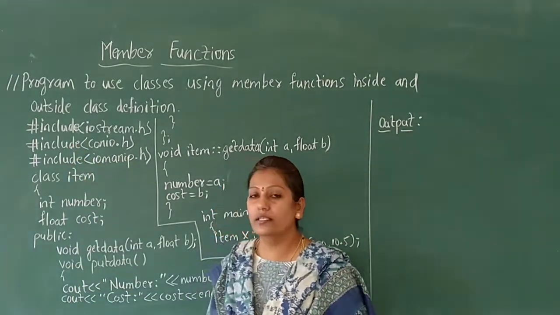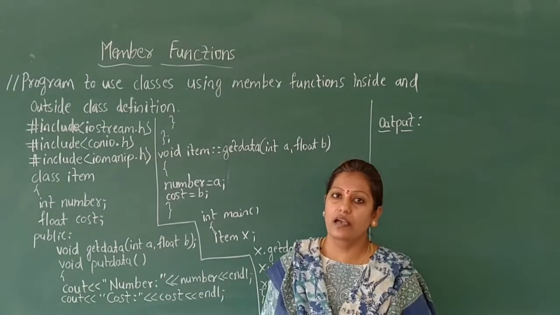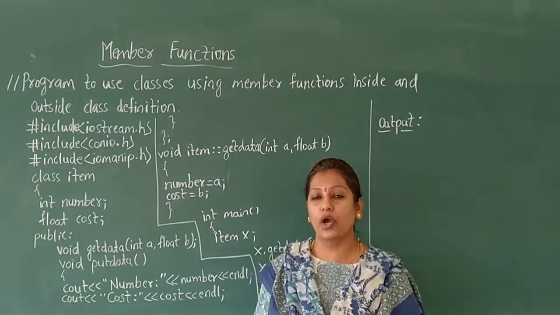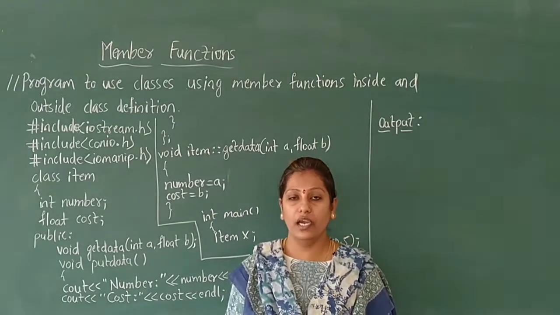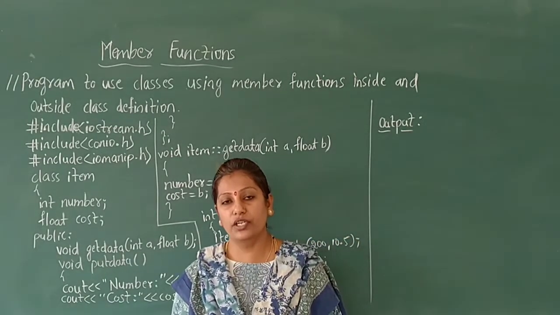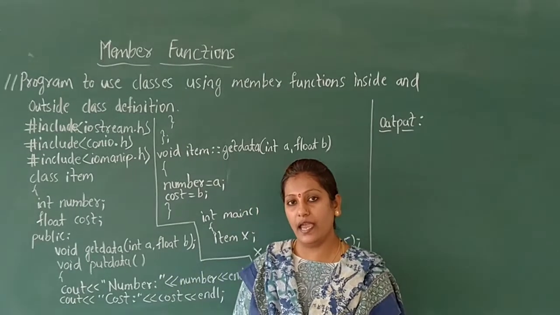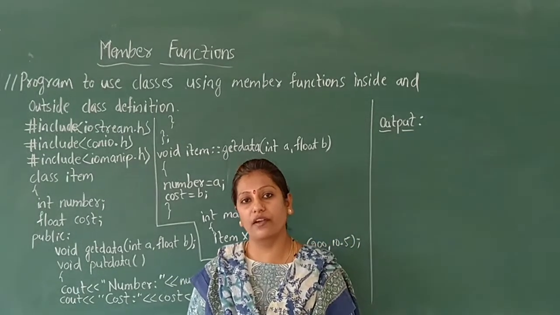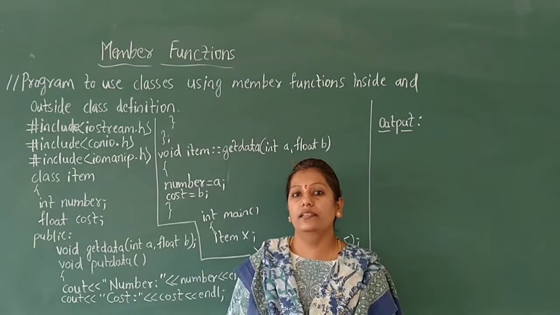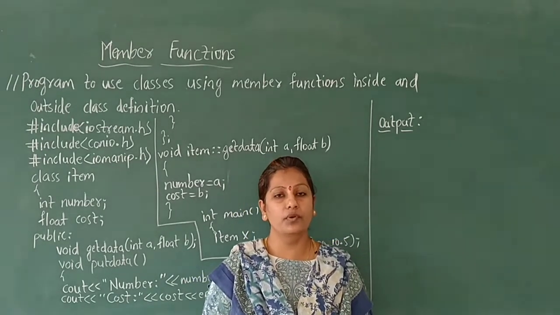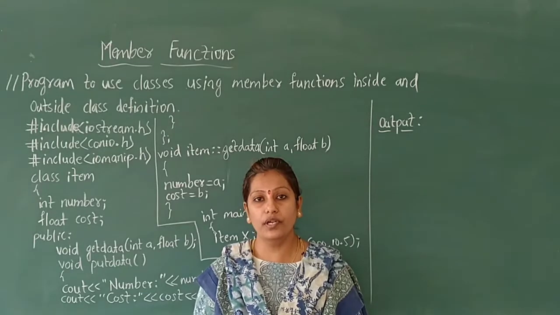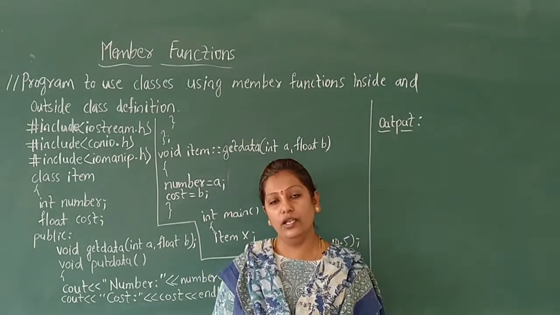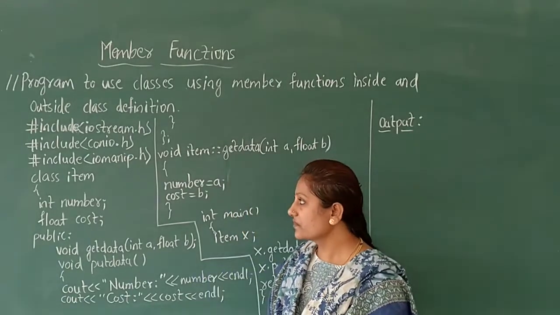First, we have to include three header files: iostream.h, conio.h, iomanip.h, and these three header files are used to connect input output devices to the program file and execute the cin and cout statements and display the output value on the screen.